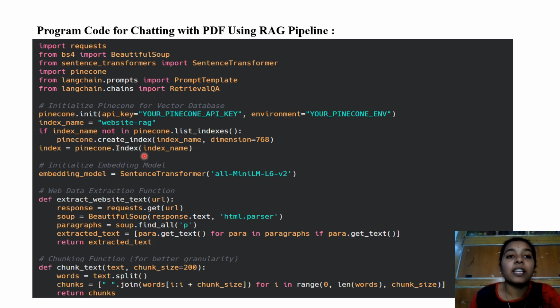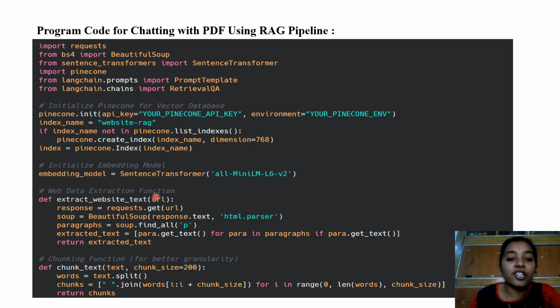Pinecone Index creates a connection to the specified index in Pinecone. Sentence Transformer for embedding. This line loads a pre-trained model from the sentence transformers library, which generates dense vector representations for sentences.